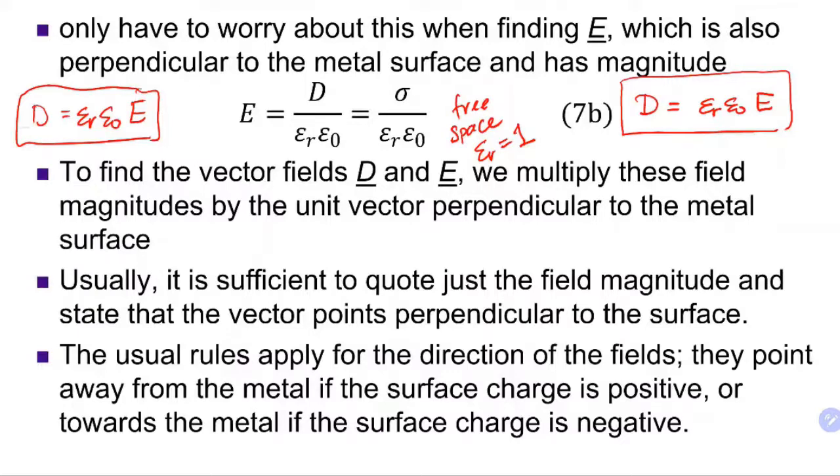The other thing you need to take note of is that for a flat surface, it doesn't depend on the distance. It just depends on the charge density. Unlike a point charge, where the further you go away, the electric field changes with distance, here it doesn't. It just depends on the charge density of the conducting plate.